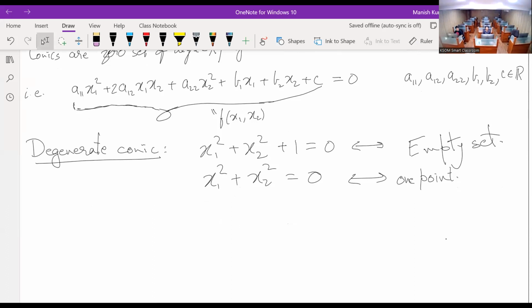Of course, you can also consider this conic, x1 square equals 1, or x1 square minus 1 equals 0. What does this correspond to?